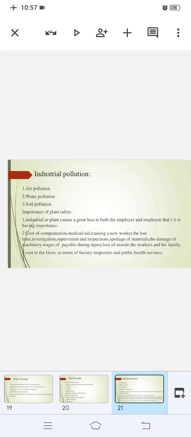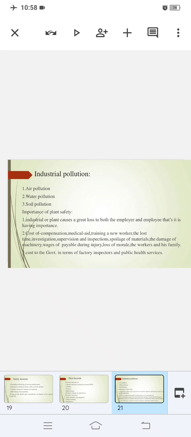And the last one is industrial pollution. So industrial pollution: air pollution, water pollution, soil pollution. The smoke from the outlets of the industries pollutes the environment and the atmosphere. The water waste pollutes the water sources.